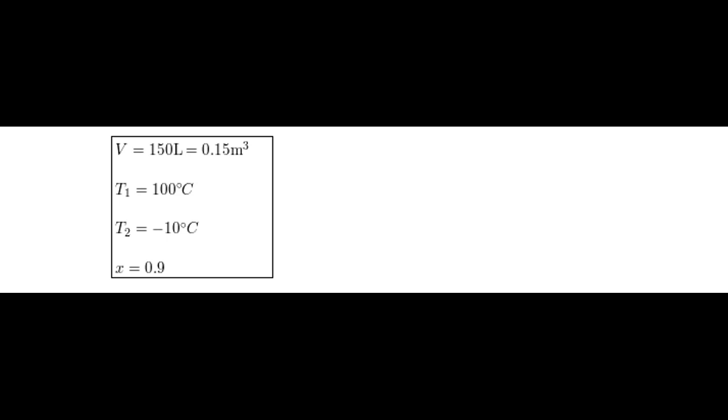In this sample problem, we are given the following data for water. The volume is equal to 150 liters, and when converted to cubic meter, it is 0.15 cubic meter. The first temperature, or temperature 1, is equal to 100 degrees Celsius, and temperature 2 is equal to negative 10 degrees Celsius, and our x is equal to 0.9.